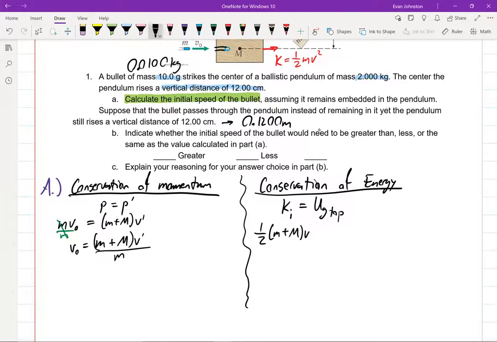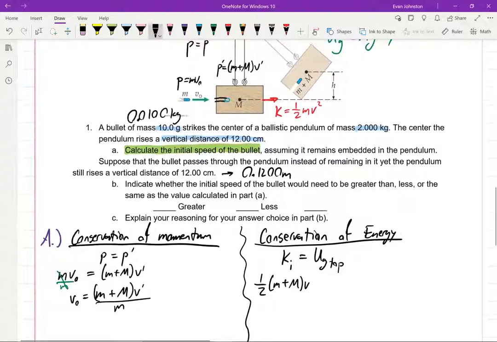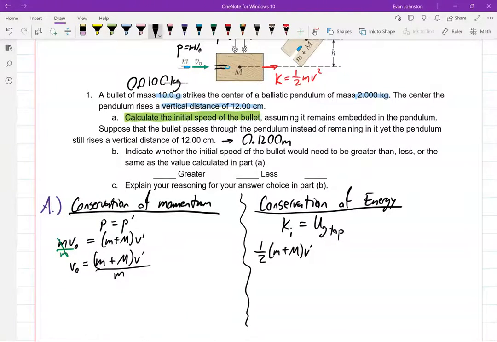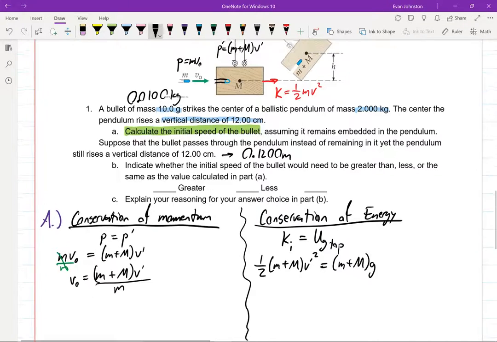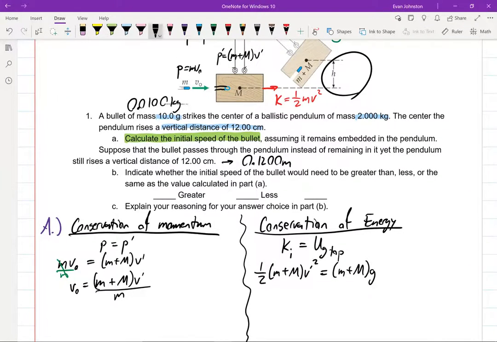But what V should we call this? Well, it's V after the collision. So this will be V prime squared is equal to, and then it's mg delta y, but now it's both masses times g, and then times this height, and they called it h in the problem, so we're still going to call it h. We're just going to stick to what they tell us to use.